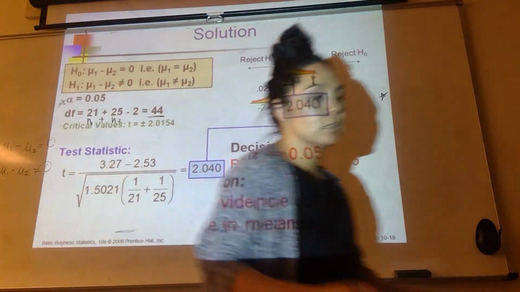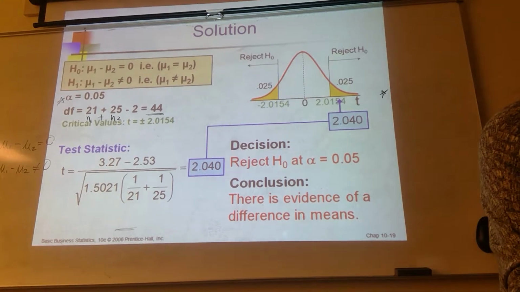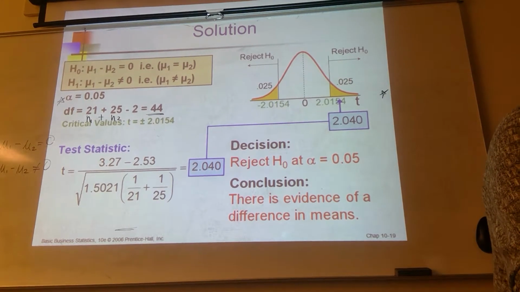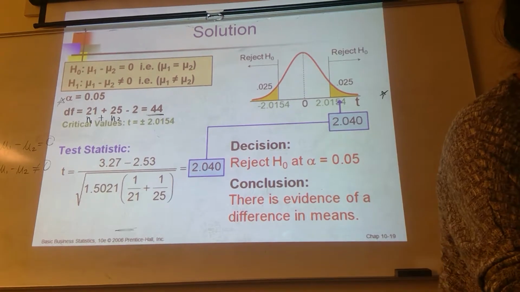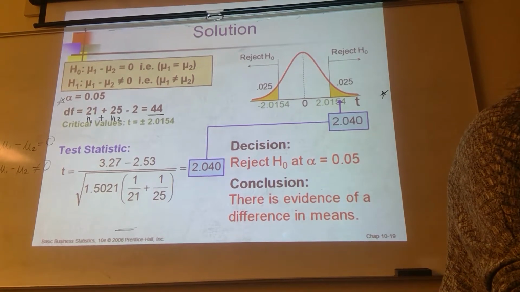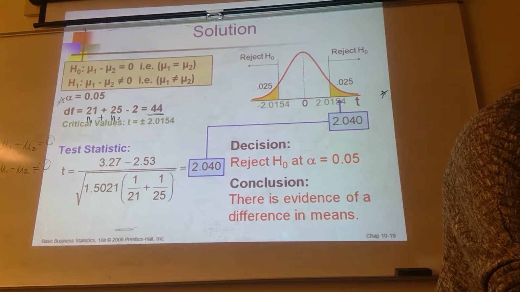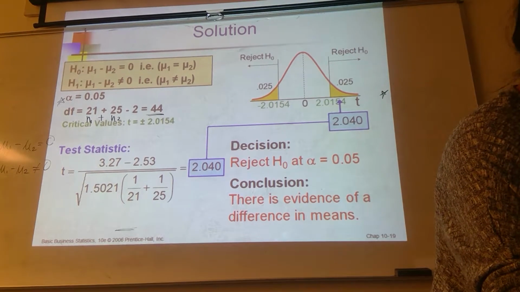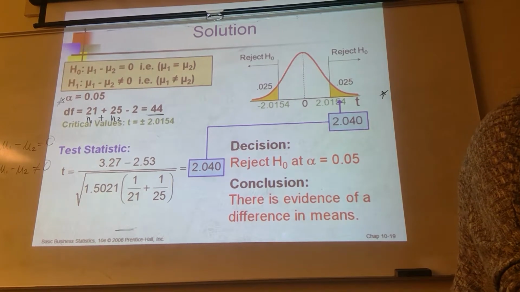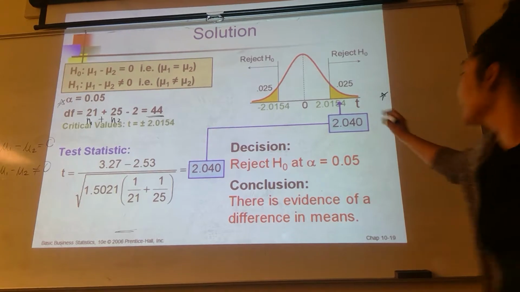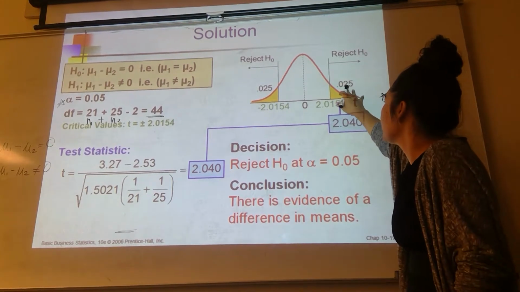All right, so what is it telling us? 2.0154. So again, if it's 0.05, you split it in two.